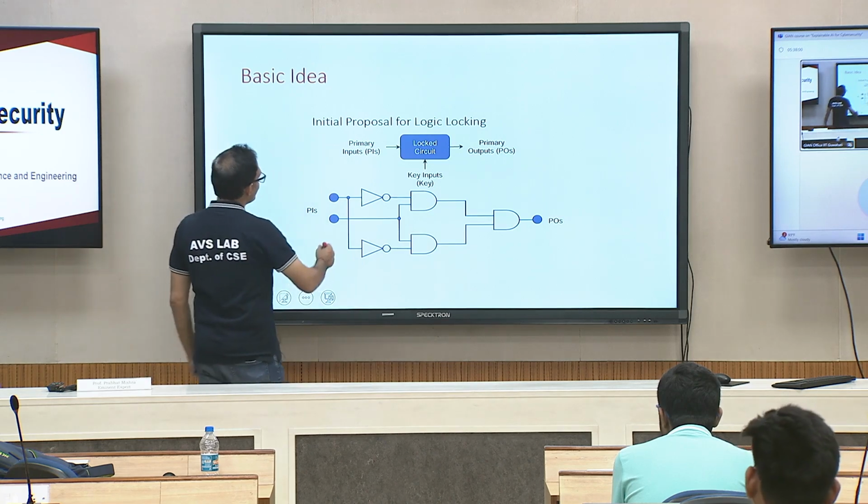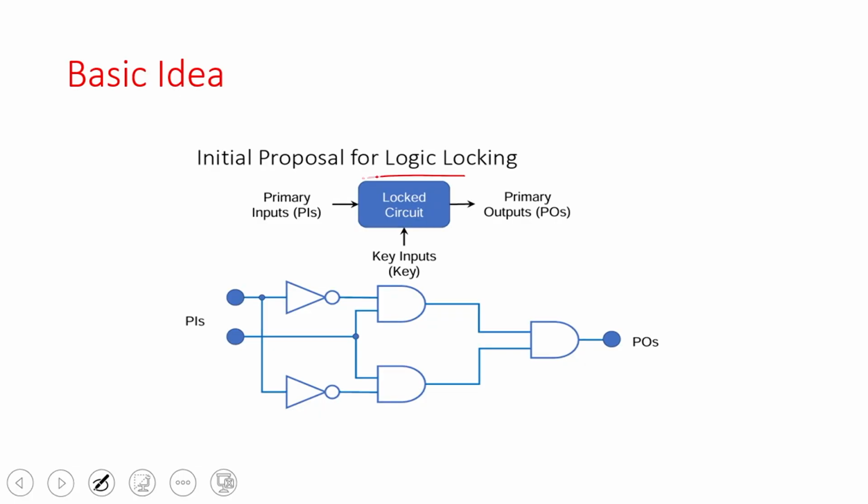So, the idea here is that after locking you will basically sell this to the market. The key is basically hidden inside a tamper proof memory. So, this is basically a tamper proof memory. Okay.